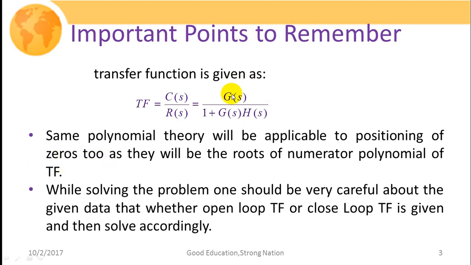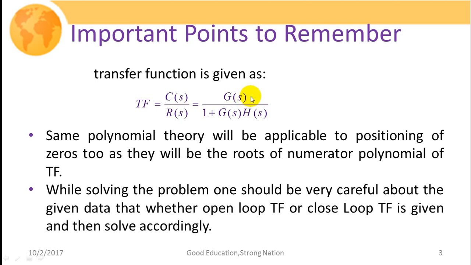If we have to characterize the positions of zeros, we can do so with the help of the same Routh criteria by forming the table of the numerator polynomial and checking the number of sign changes.